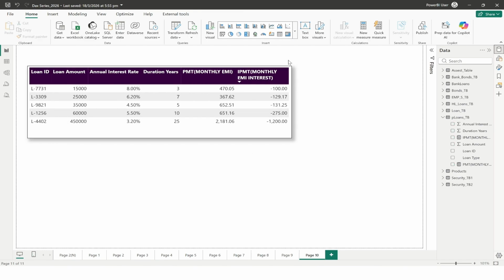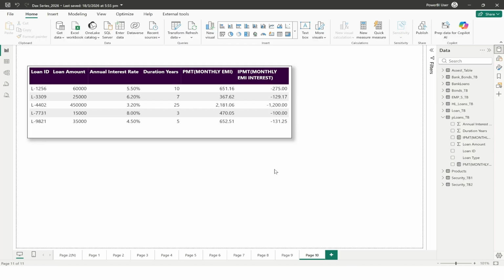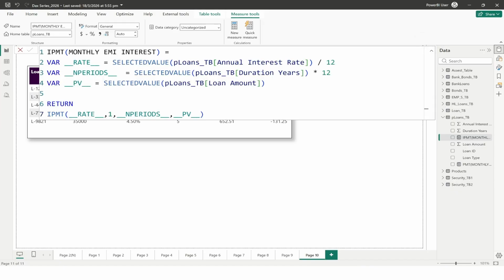Now here, let me uncheck this ascending. Now it is in the negative. So let me change this to positive. So for that, before IPMT, just place minus and let's execute. Now it is executed successfully.